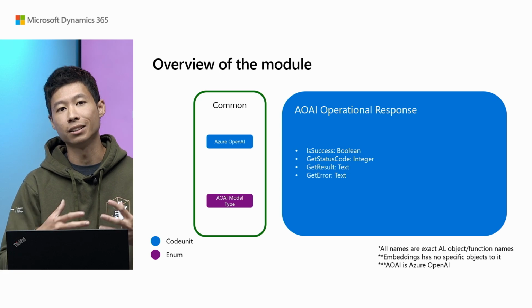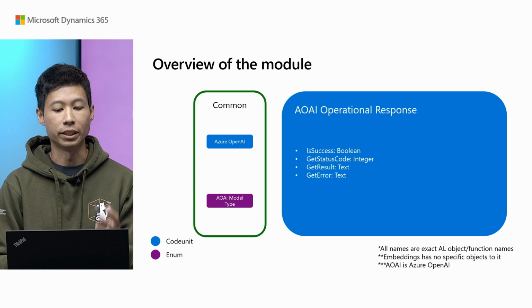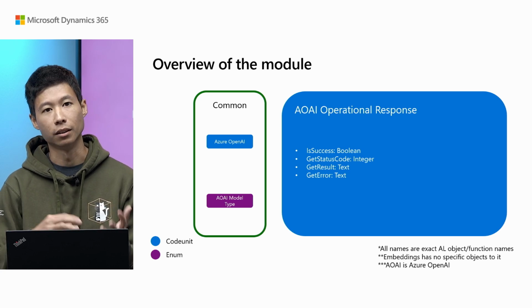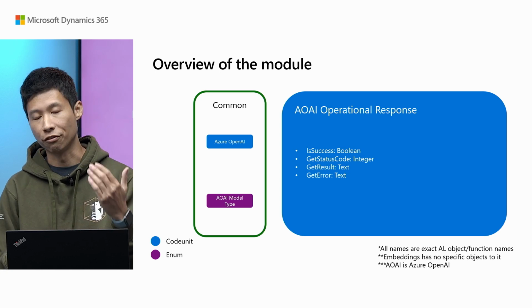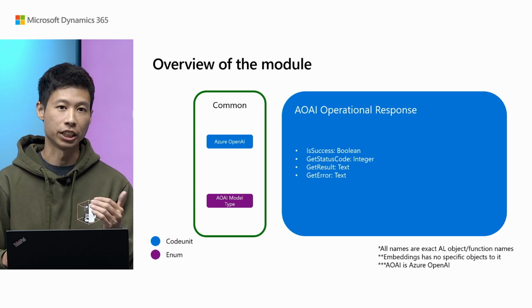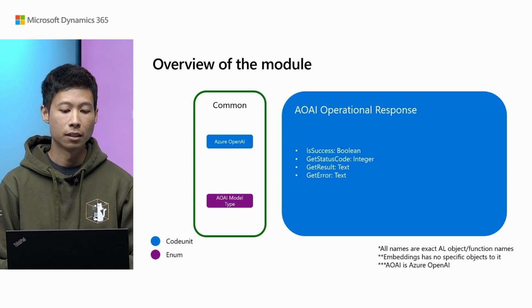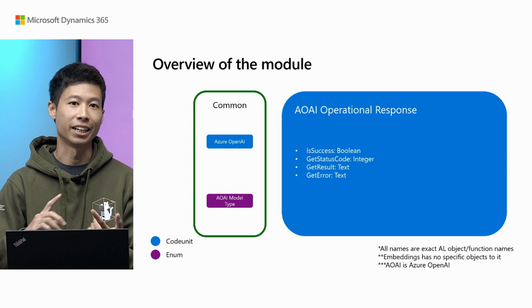However, this result is actually a JSON of what was returned. So that is a minor note you will want to keep in mind. For example, with the embeddings, get result here actually returns a JSON list and not a list of decimals.